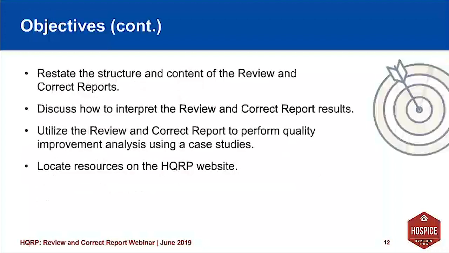Discuss how to interpret review and correct report results. Utilize the review and correct report to perform quality improvement analysis using a case study. Locate resources on the HQRP website.